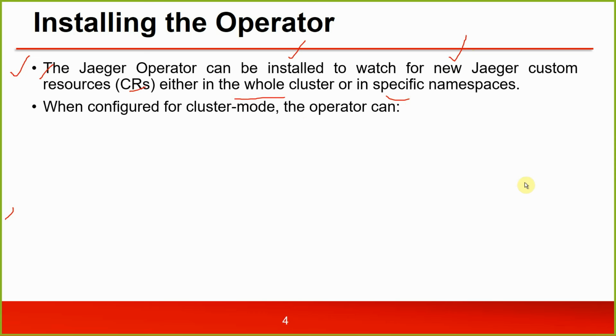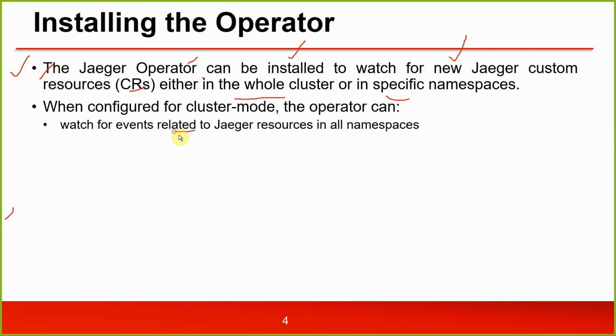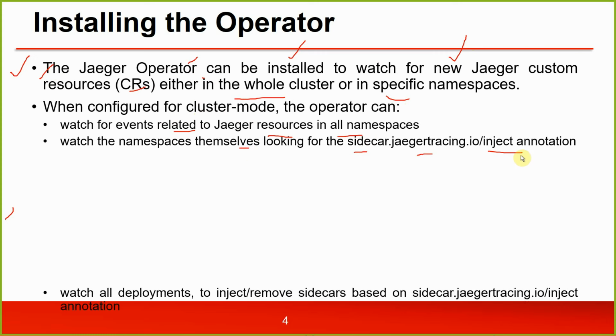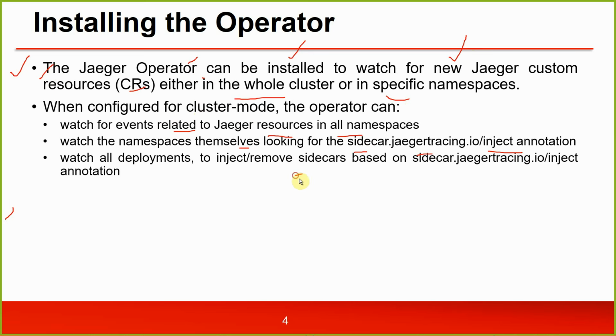When configured for cluster wide, the operator can watch for events related to Jaeger resources in all namespaces, can watch the namespaces themselves looking for the sidecar.jaegertracing.io/inject annotation, can watch all the deployments to inject or remove sidecars based on the sidecar.jaegertracing.io/inject annotation, and can create cluster role bindings when necessary.